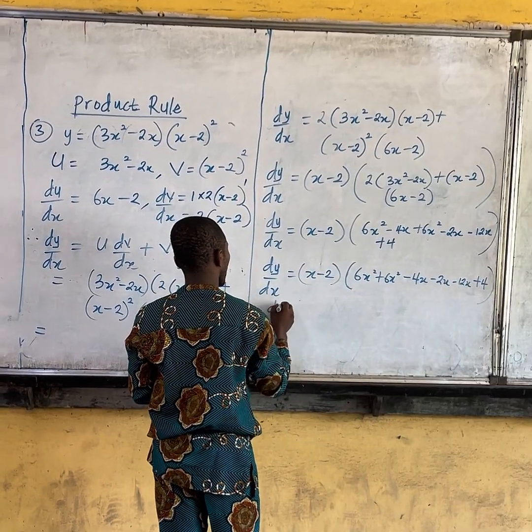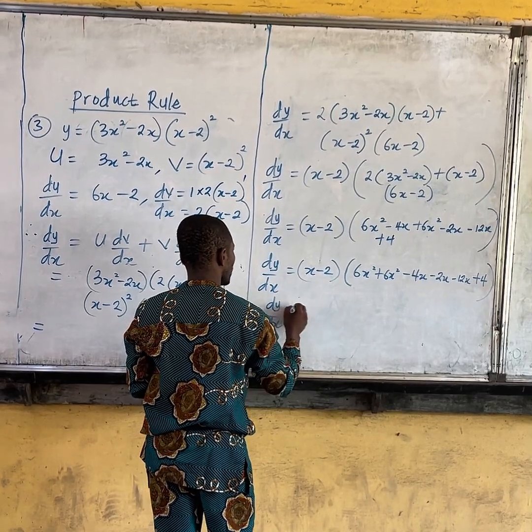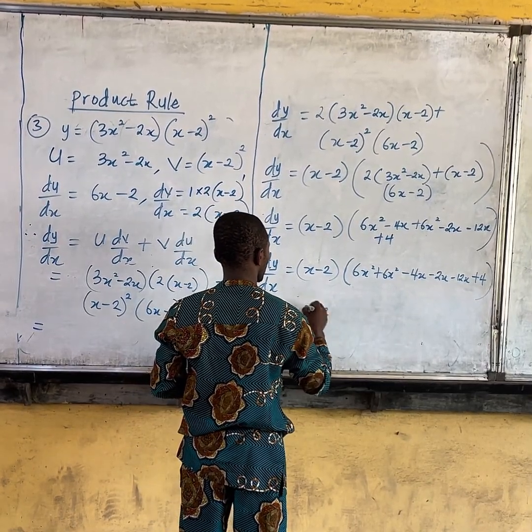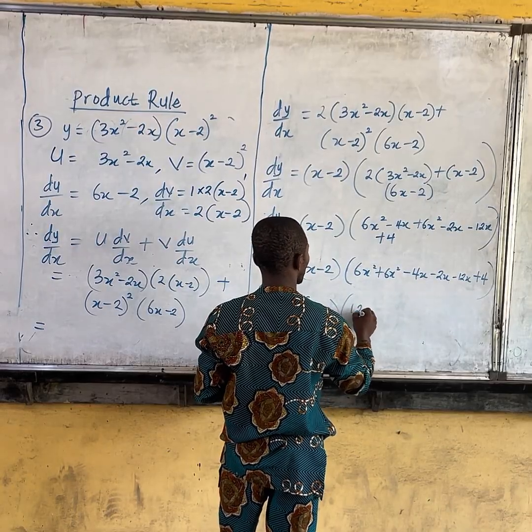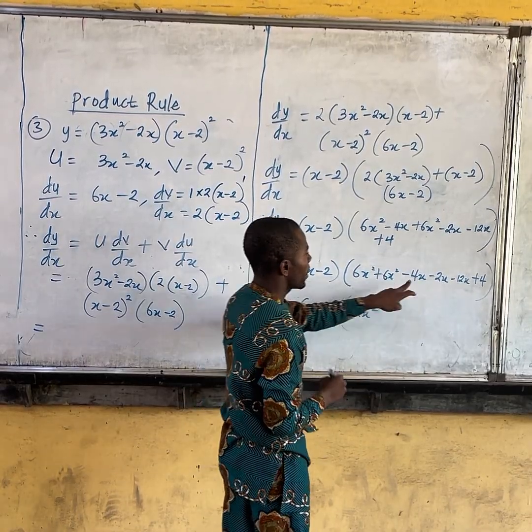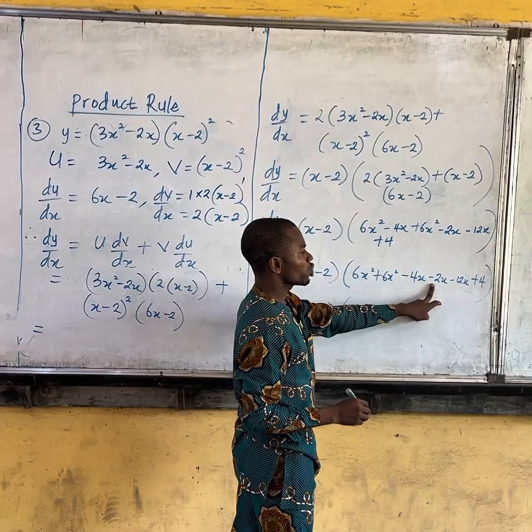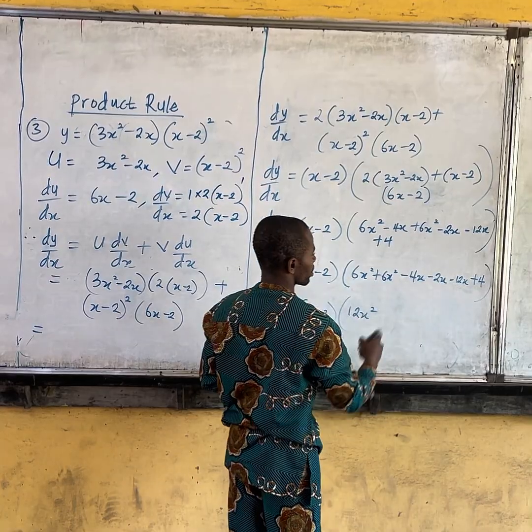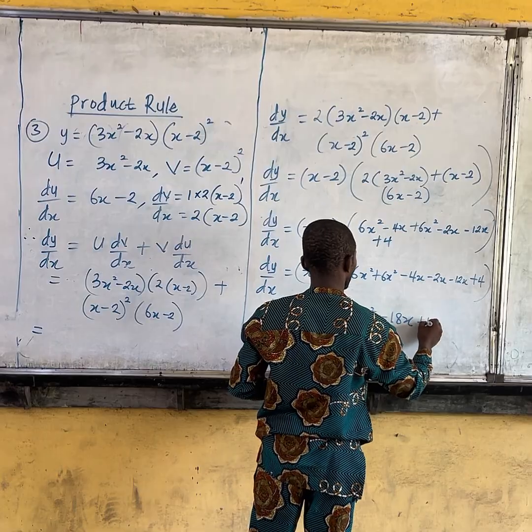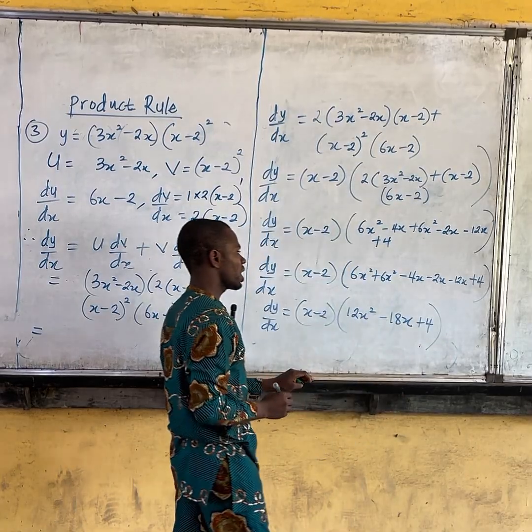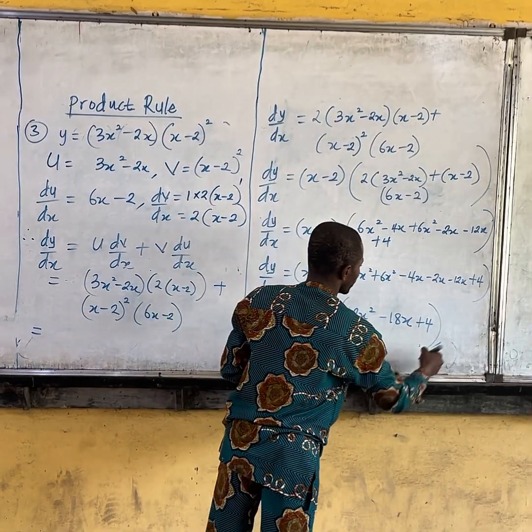So from here, dy over dx equals x minus 2, you close it: 6x squared plus 6x squared is 12x squared, minus 4x minus 2x minus 12x is minus 18x, plus 4. This is the end of the solution for dy over dx.